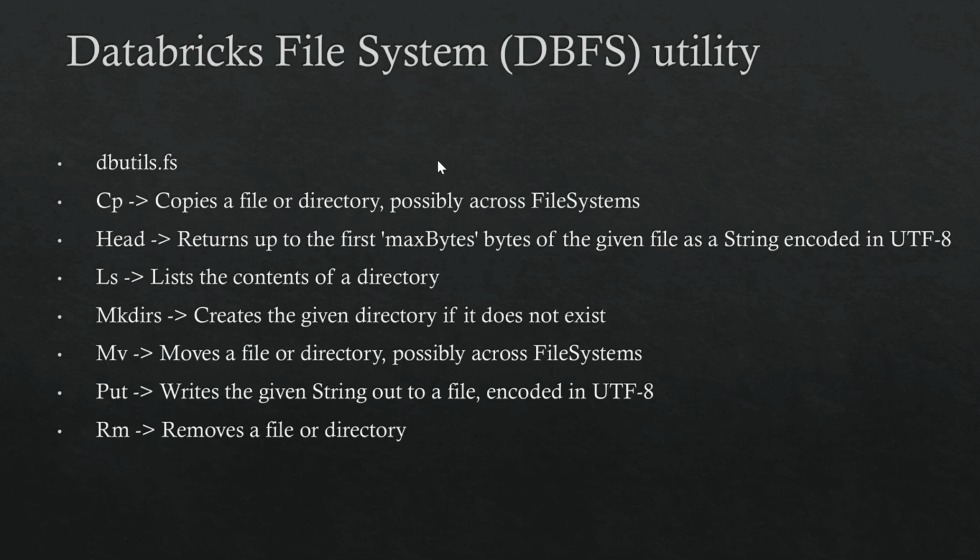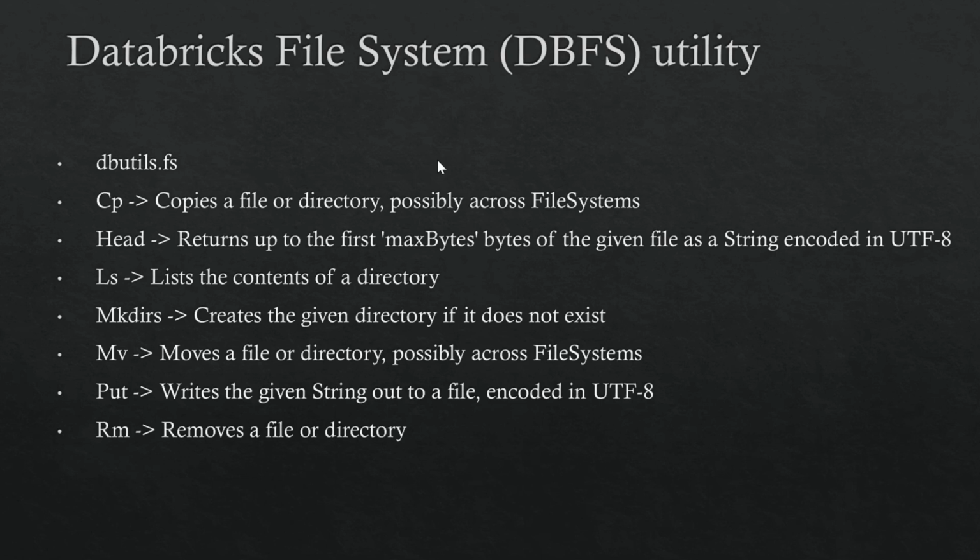It is similar to any file system commands. If you want to copy a file or a directory from one location to another, you can use cp. If you want to read the data and display a few bytes of it, you can use the head command. If you want to list the content of a directory, you can use the ls command.